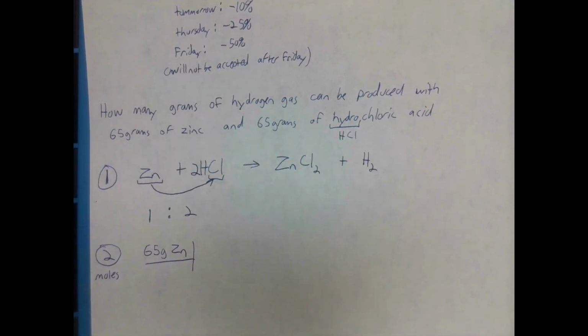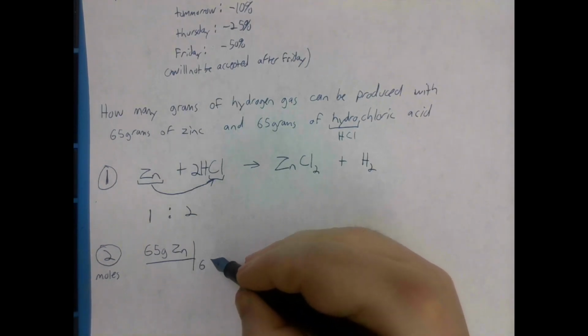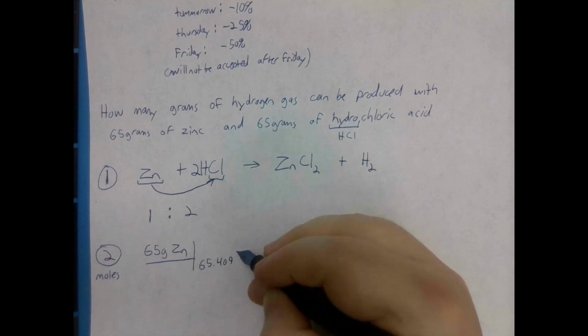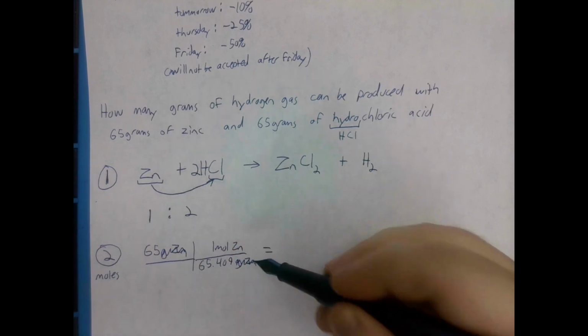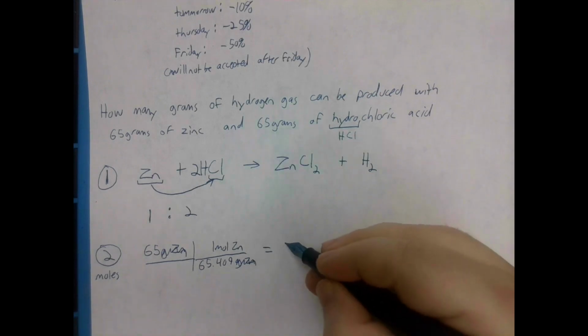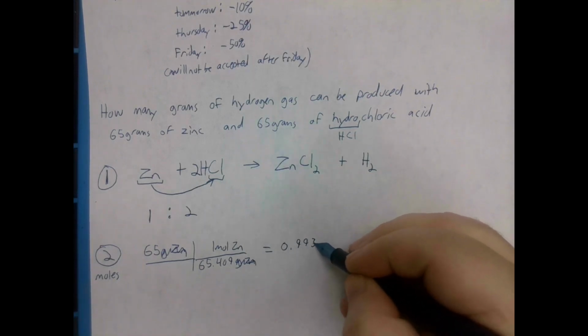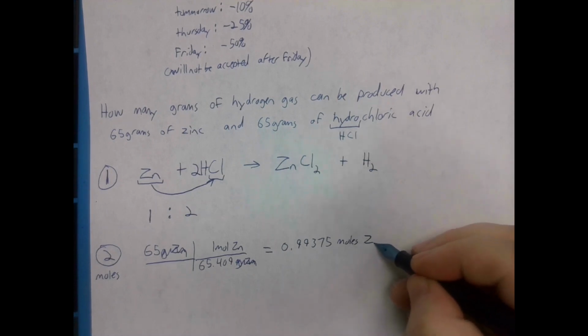And the molar mass of zinc is 65.409 grams of zinc per 1 mole of zinc. So grams of zinc cancel out, leaving us just moles of zinc. So we get 0.99375 moles of zinc.